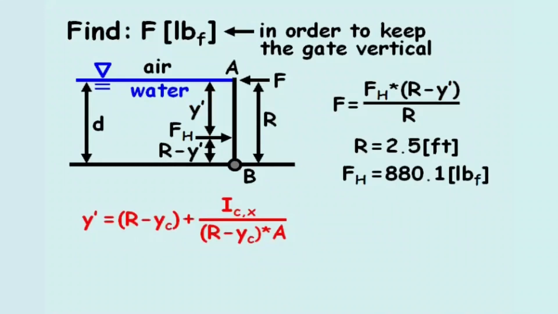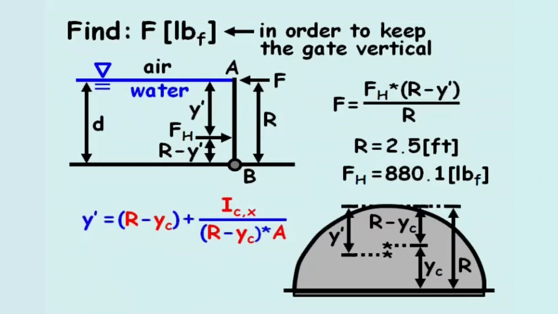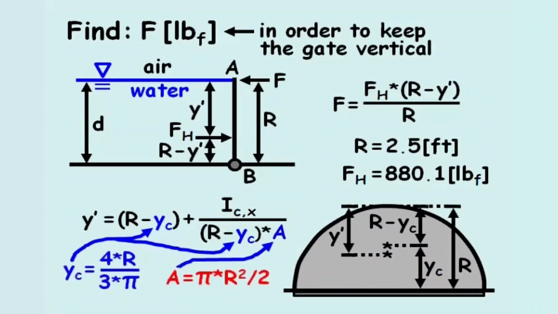We'll write out the equation for y prime, which involves the variables r, yc, Icx, and A. For a semicircle, the term yc equals 4 times the radius divided by 3 pi. And the area of the semicircle, A, equals pi r squared divided by 2.